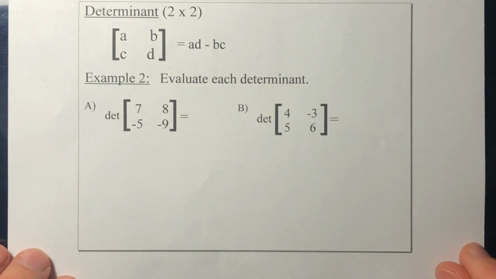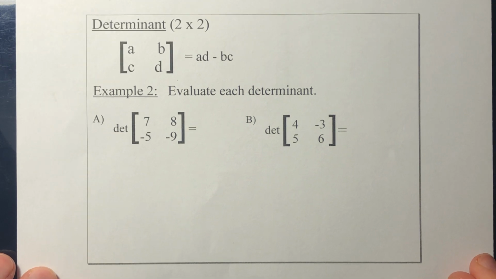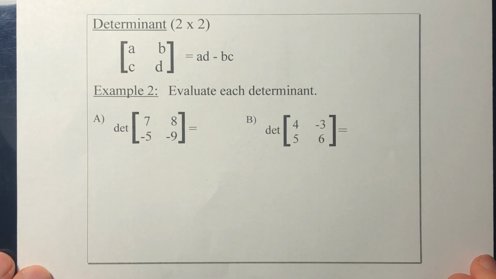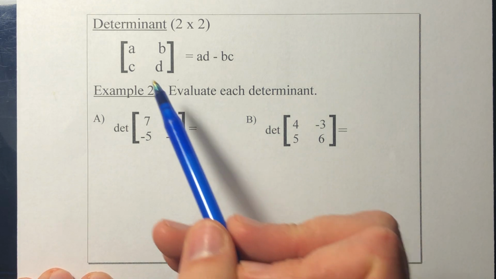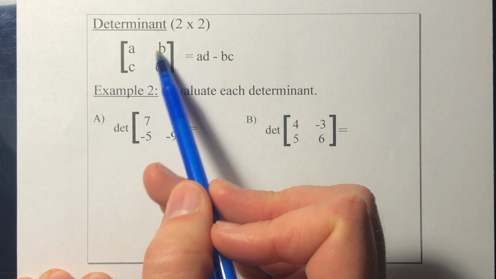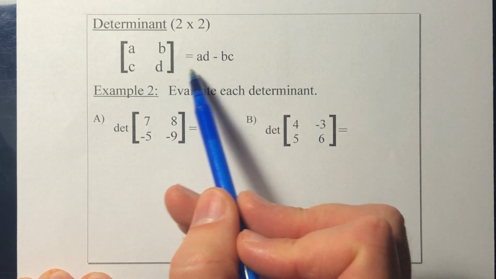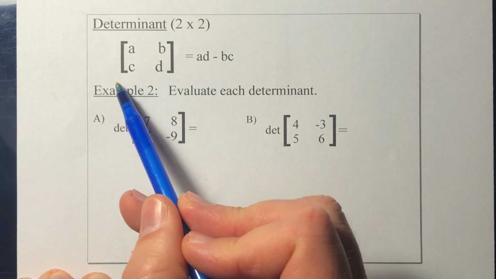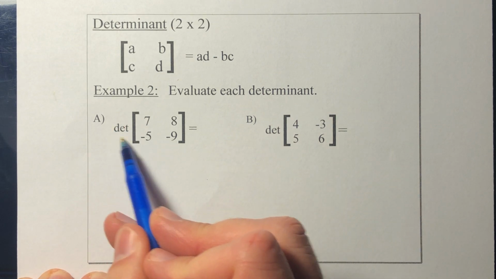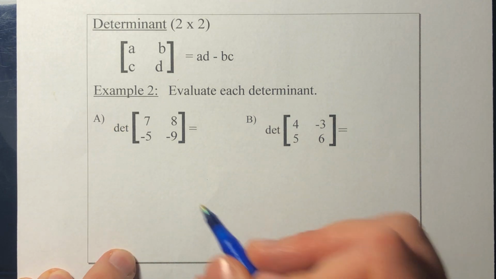All right, we have what's called a determinant. This is how we find a determinant of a 2 by 2 matrix. You can see how you have your A, B, C, D. Those are numbers that would be in there. So you take A times D minus B times C. You see this little DET, that means you're trying to find a determinant.